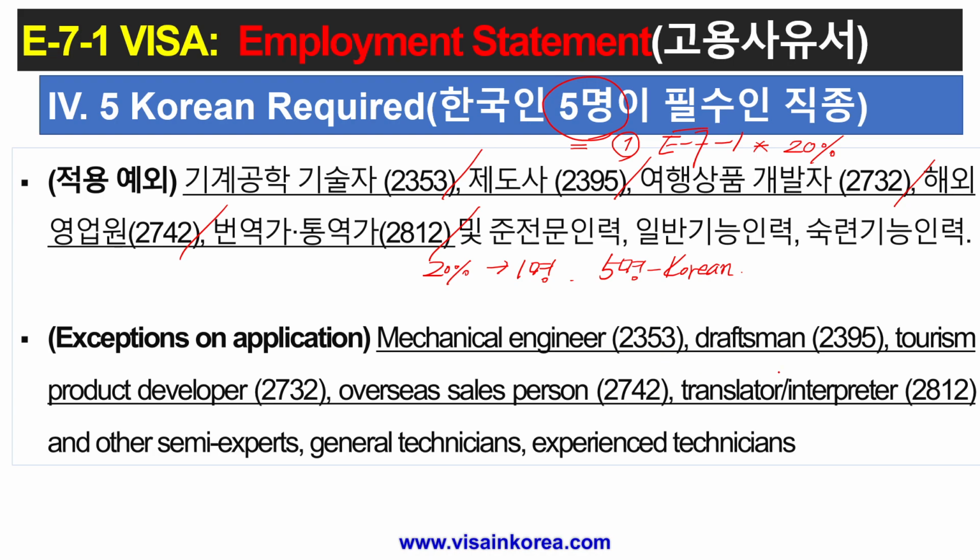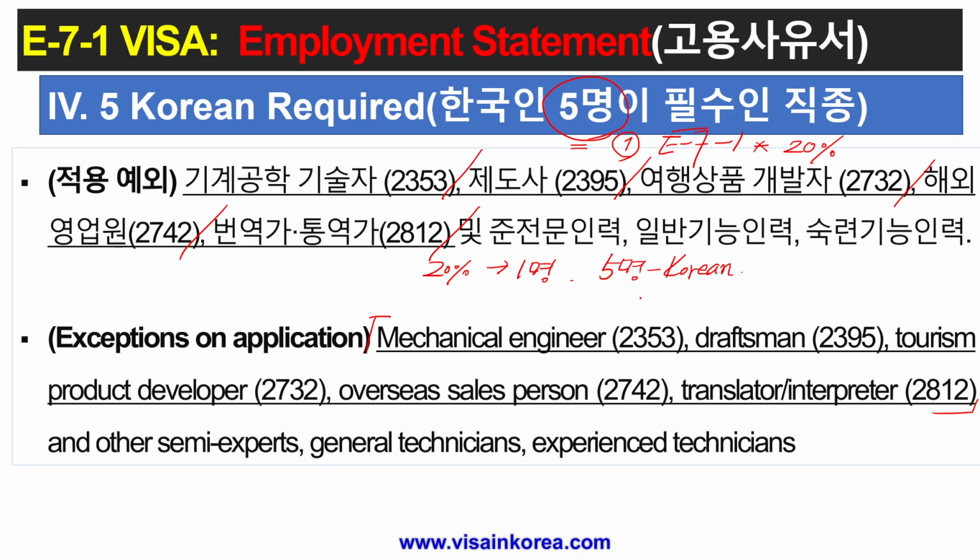It means except for a few E7 job codes, there is no required number of Koreans. So when you apply for one of those job categories with the E-7-1, more than 5 Koreans are mandatorily required.